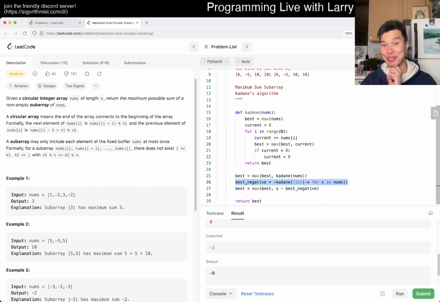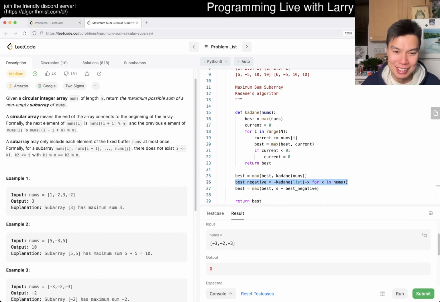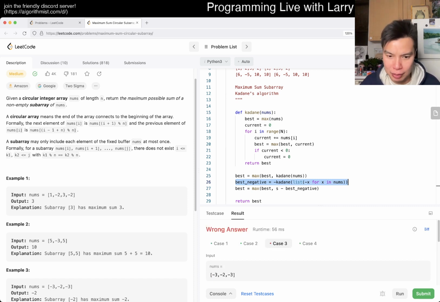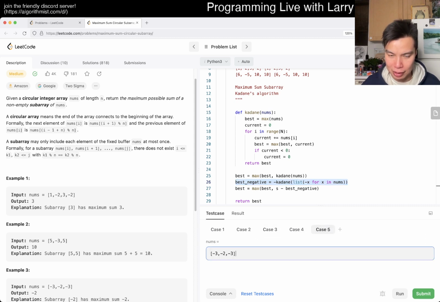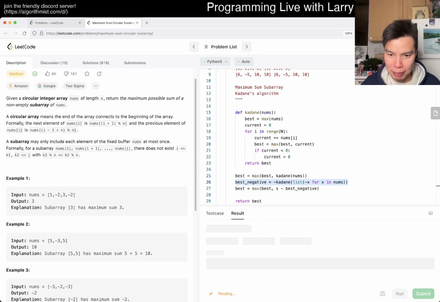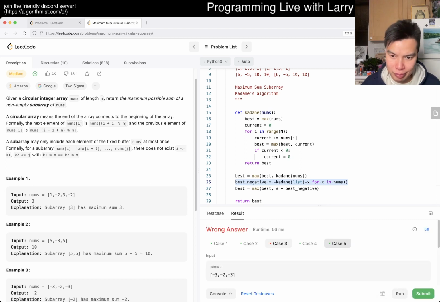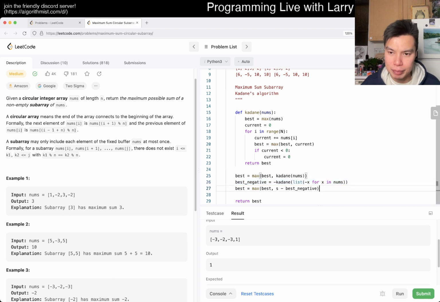Okay, so this is almost right, but if there's a positive number, let me try to play around with this case. If there's a positive number, then would I be right? Yeah, then I would be right, because if there's at least one positive number, the best negative won't be a negative number.